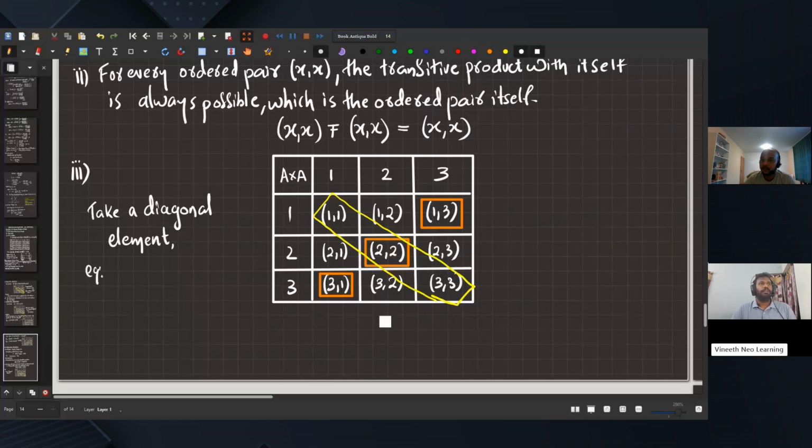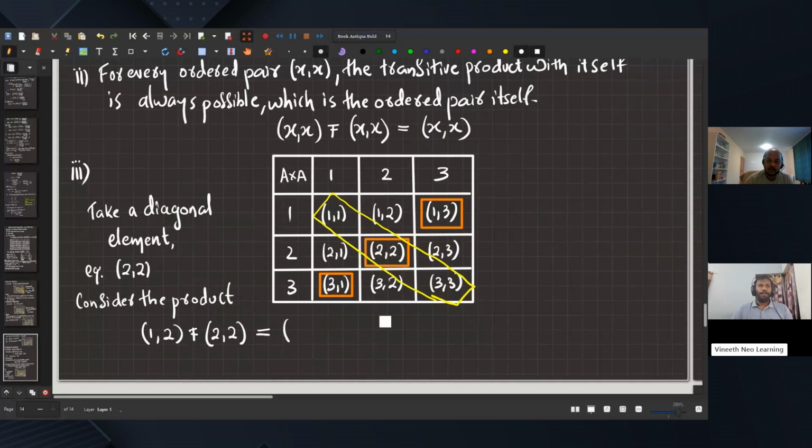And I am going to multiply it with (1, 2). Consider the product (1, 2) times that diagonal element (2, 2). What will be the answer?